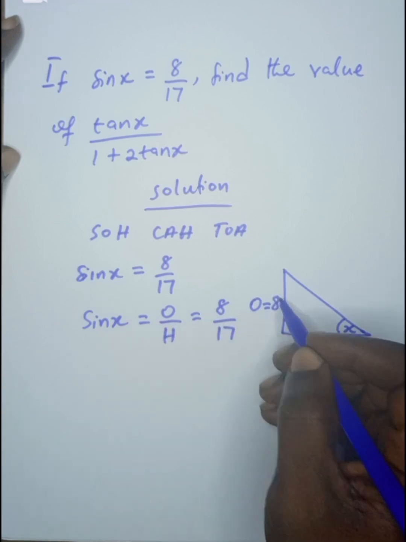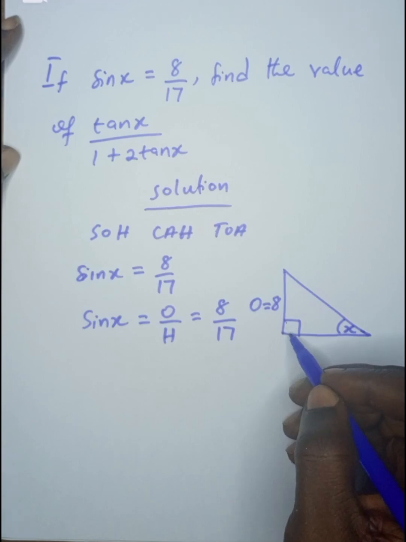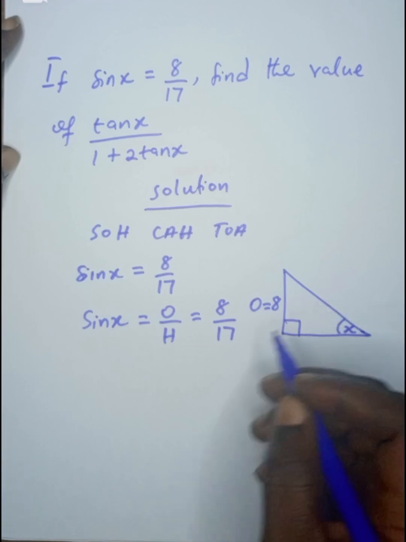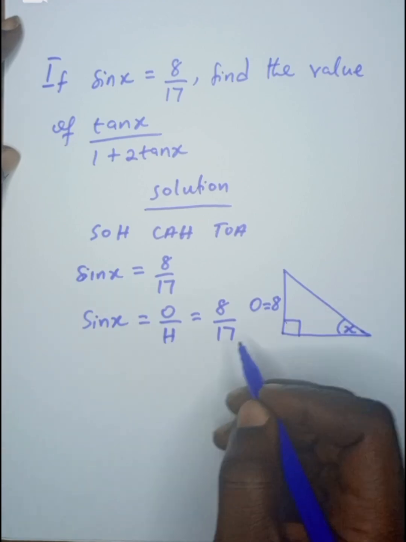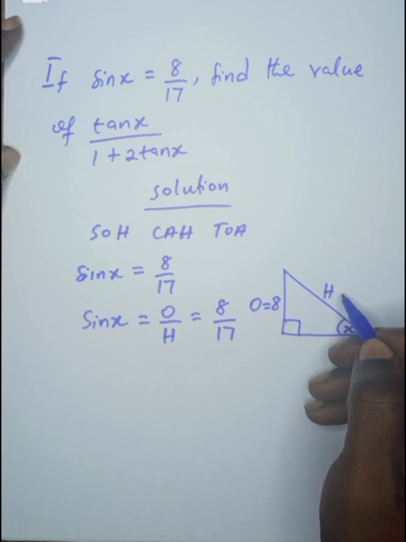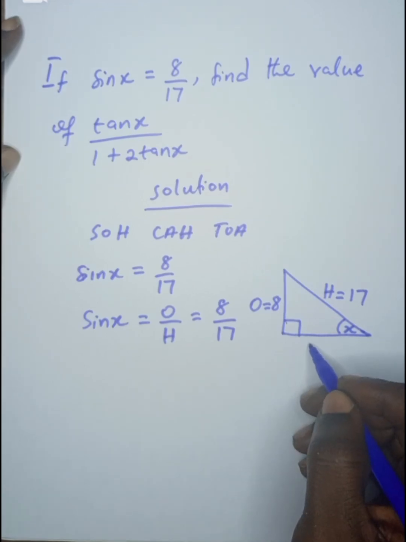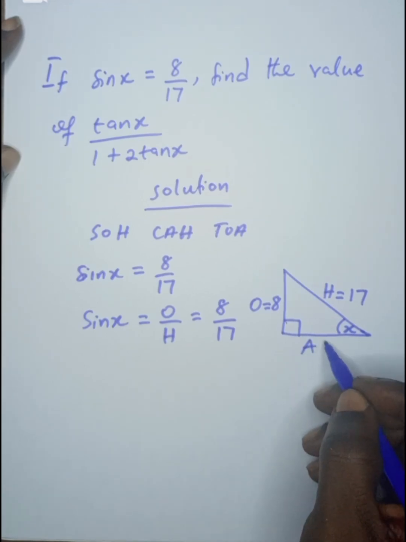So the opposite is 8. And where the 90 degrees angle faces is the hypotenuse. That is the longest side. So the h is 17. So h, which is the hypotenuse, is equal to 17. So this means that the other side is called the adjacent.